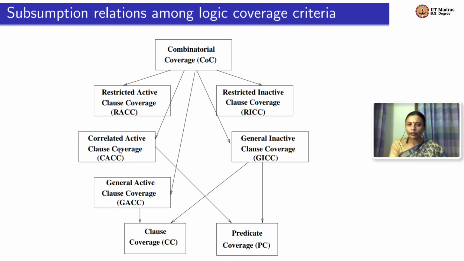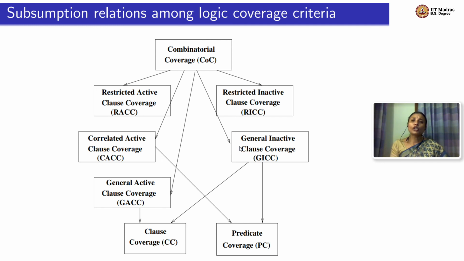Correlated active clause coverage subsumes predicate coverage, so there is an arrow between those two boxes. Combinatorial coverage subsumes everything, so there are arrows. And restricted active and inactive clause coverage don't subsume each other, so there are no arrows present. So I hope you understand this summary slide. This represents all the logical coverage criteria that we have seen.